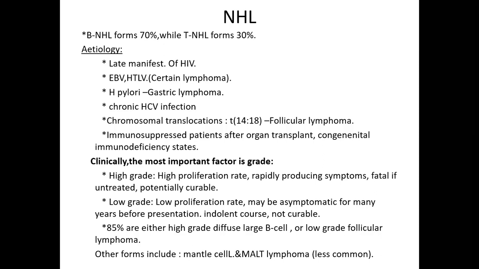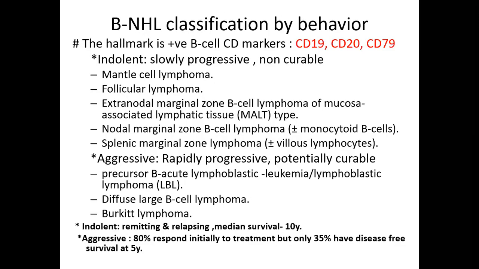Other forms include the mantle cell lymphoma and marginal zone lymphoma, which are less common. The hallmark of B-cell non-Hodgkin lymphoma is positive B-cell CD markers, which are the CD19, CD20, and CD79A and B.